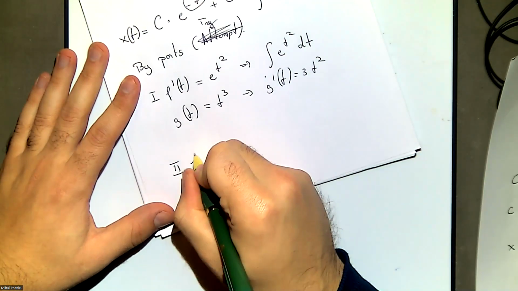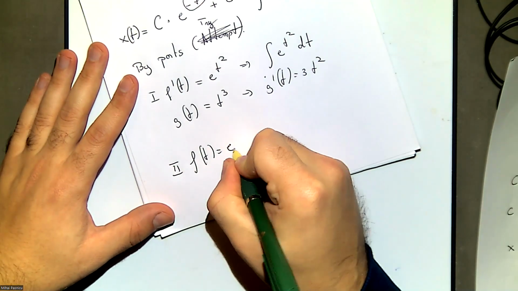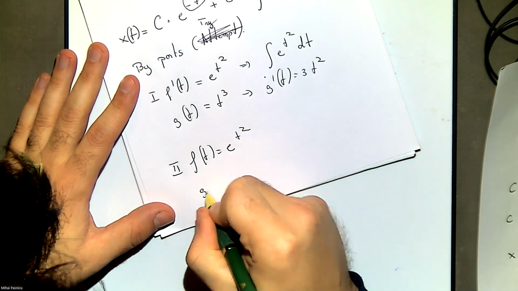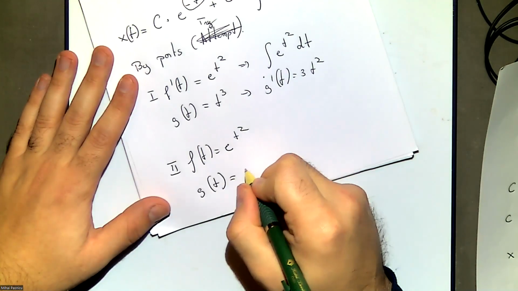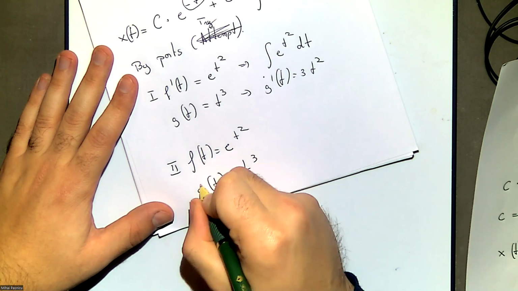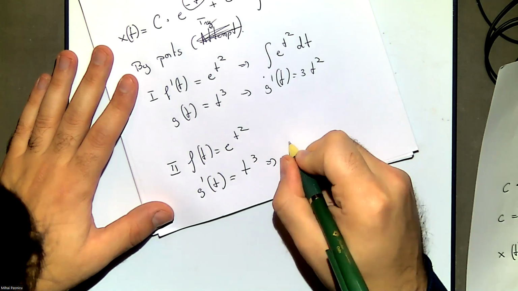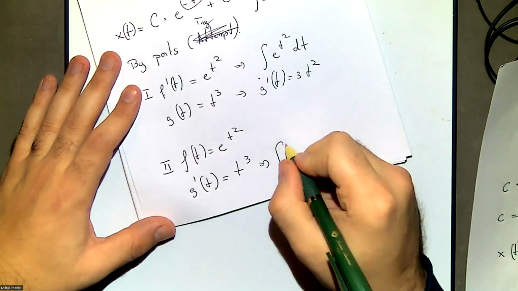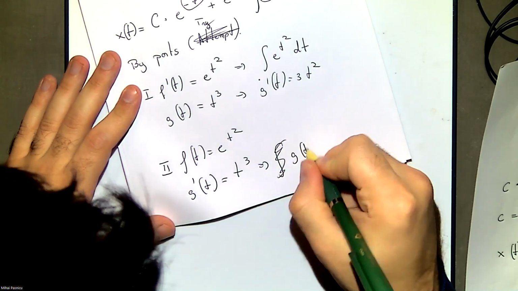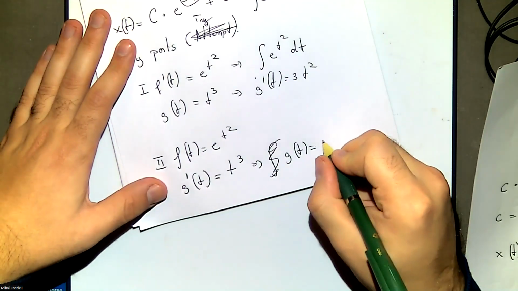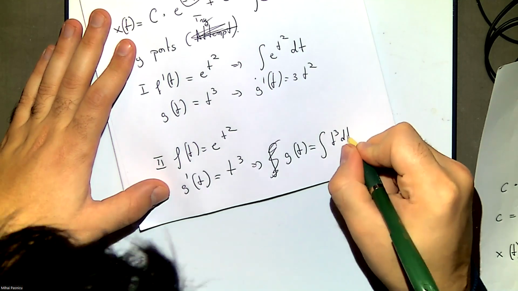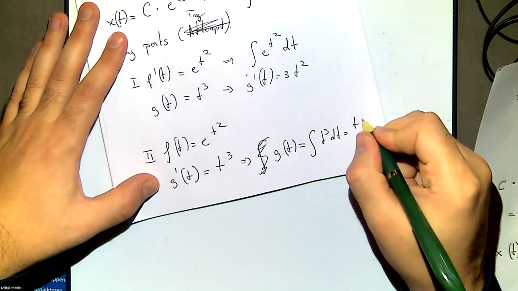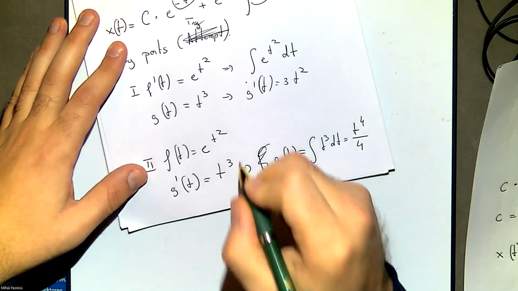The second one is I take f of t being e to the t squared, and g of t being t to the third, with t as the derivative variable. So g of t is equal to the integral of t to the third dt. This is t to the 4th over 4.